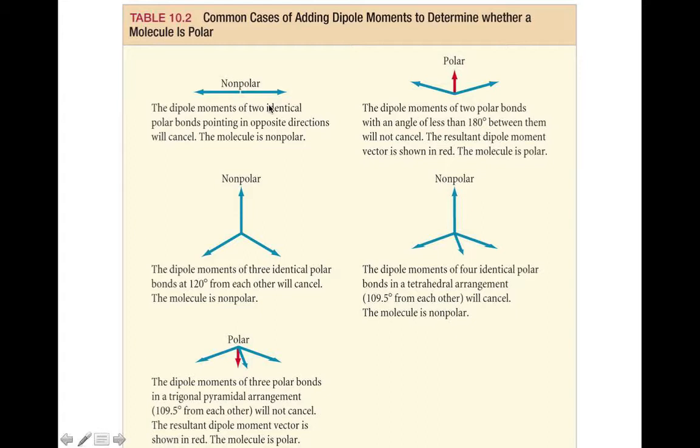Before we look at some actual molecules, some ideas of what we mean by the bonds being arranged in a symmetrical or non-symmetrical manner, we've got some diagrams here. If I have two bonded atoms arranged in a linear relationship about the central atom, and the two terminal atoms are the same, then essentially their pull on the electrons is going to cancel out, and that molecule is going to end up being nonpolar.